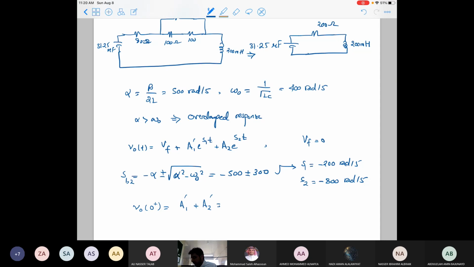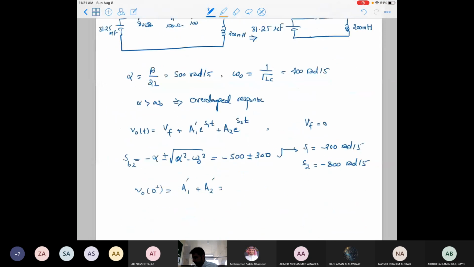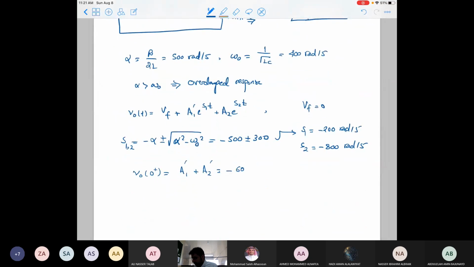The initial value of the voltage, we found it to be negative 60 volts. Now the initial value of the derivative of the voltage should be related to the current passing through the capacitor.